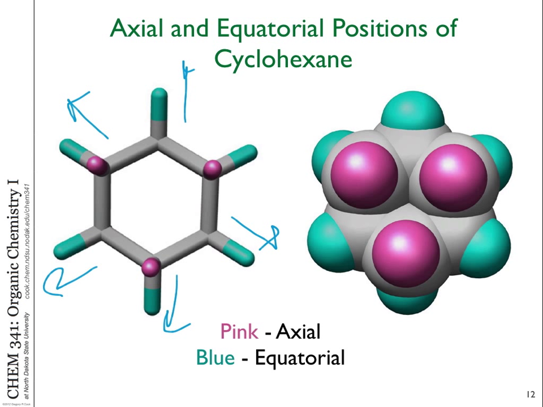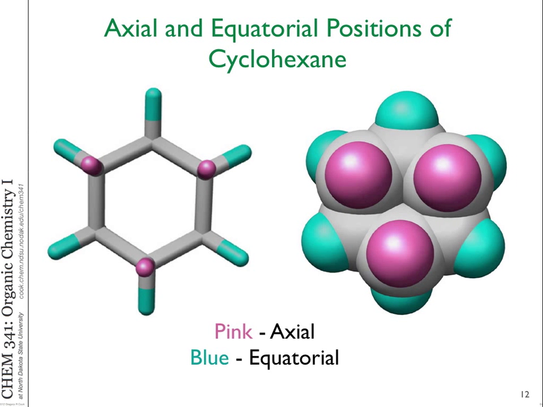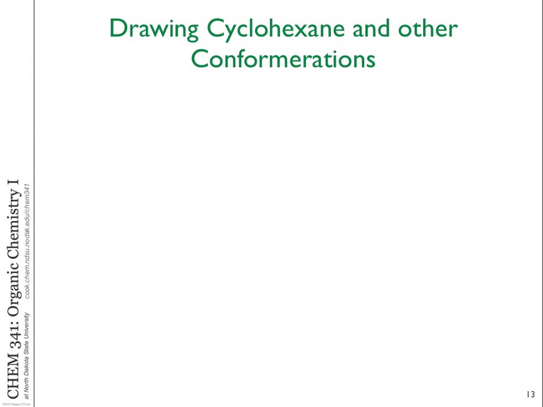Axial alternates from up to down to up to down. And the equatorial position will alternate from down to up to down to up. Okay, and if you can keep that straight, you'll be good going forward. So that's actually a good representation of the differences between those axial and equatorial.